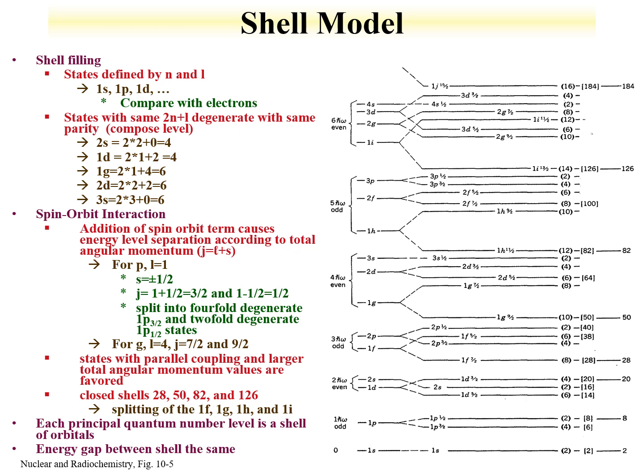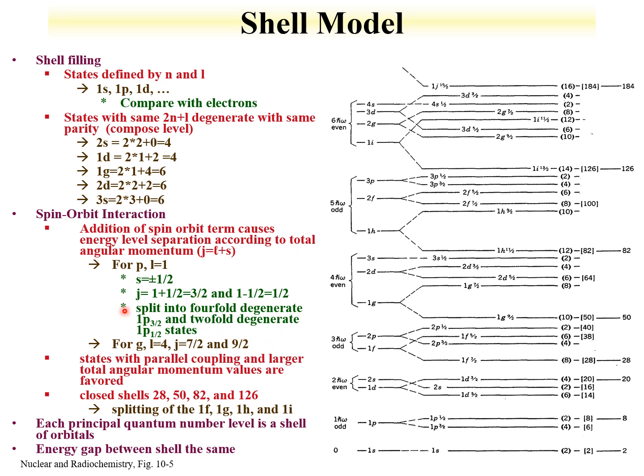As an example for this, we could take the p states, where l is equal to 1. The spin is either plus 1/2 or minus 1/2. So the splitting of the p states will either be a 3/2 or a 1/2 state.